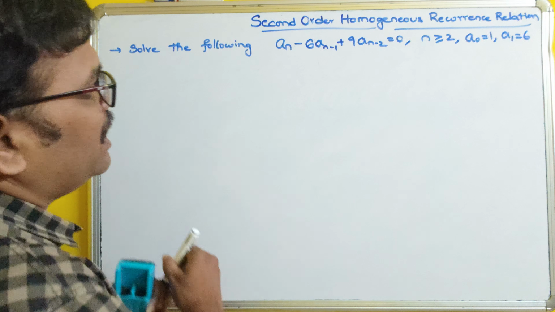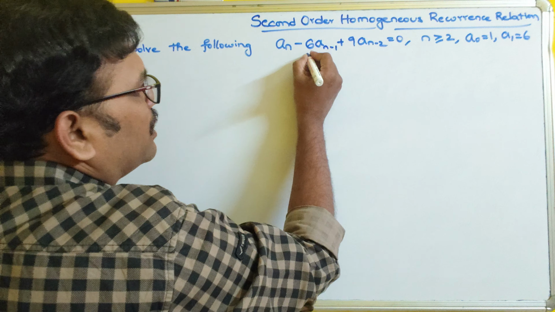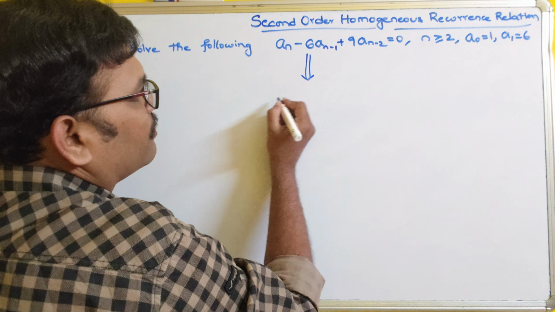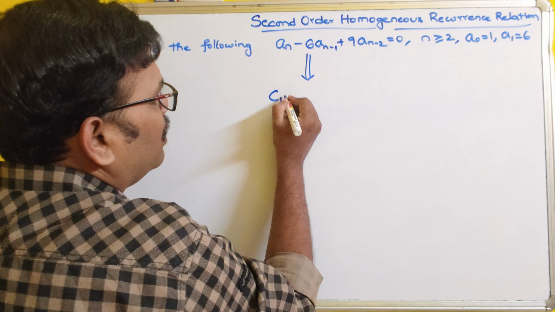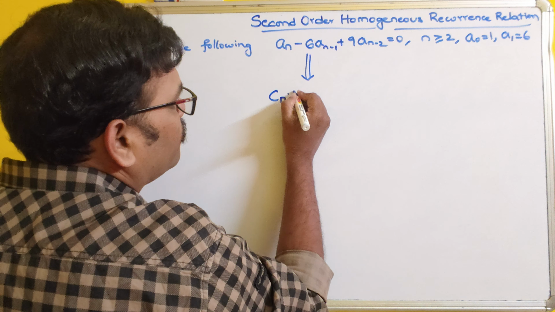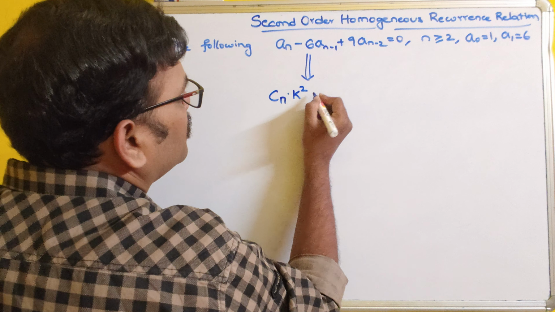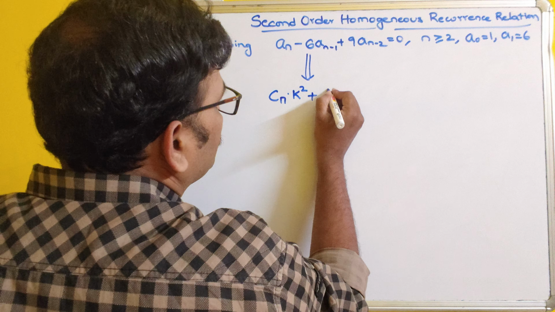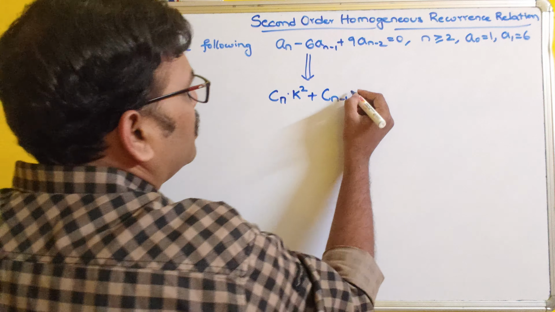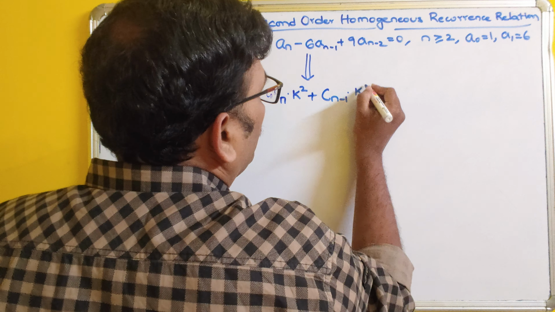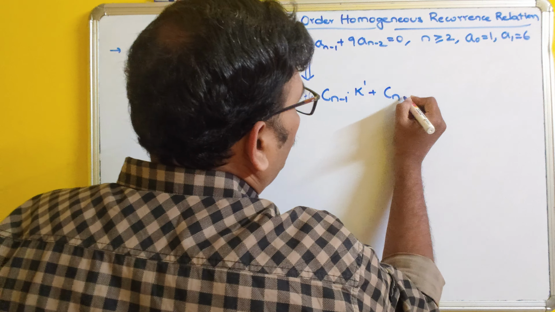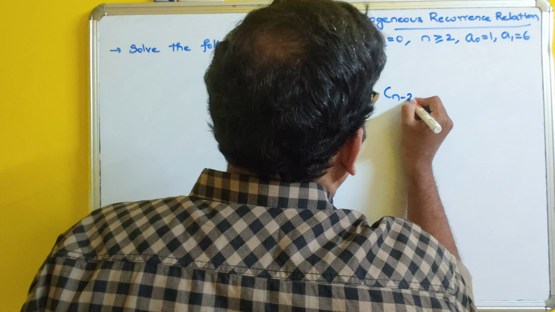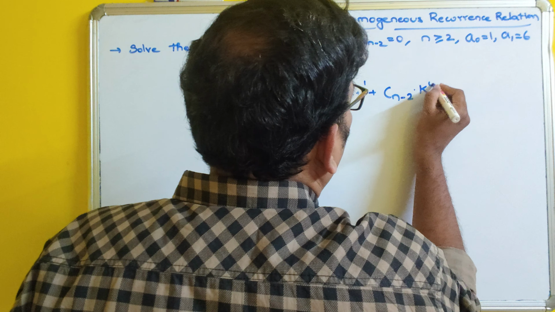So here the relation is this one. The auxiliary equation will be Cn into k power 2, plus Cn minus 1 into k power 1, plus Cn minus 2 into k power 0.